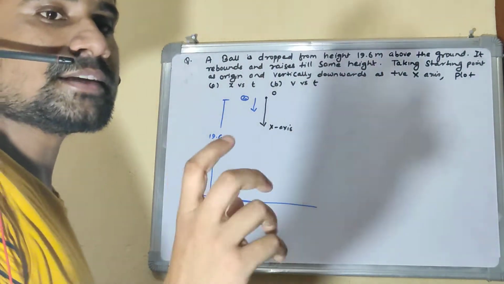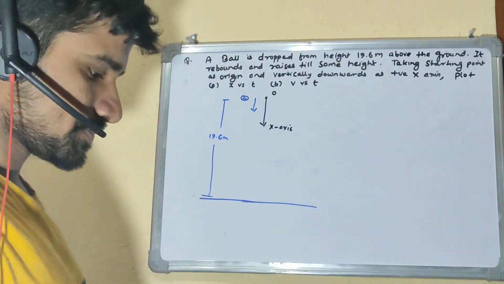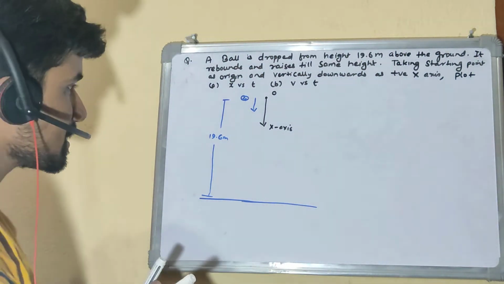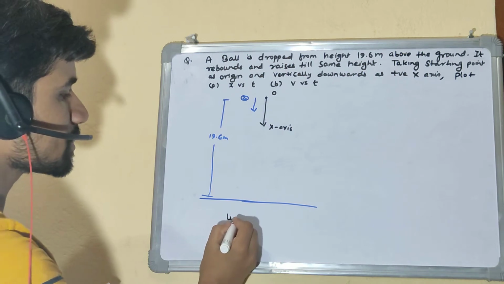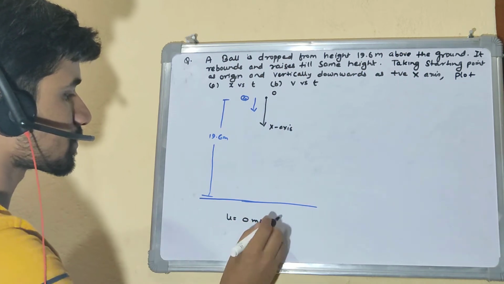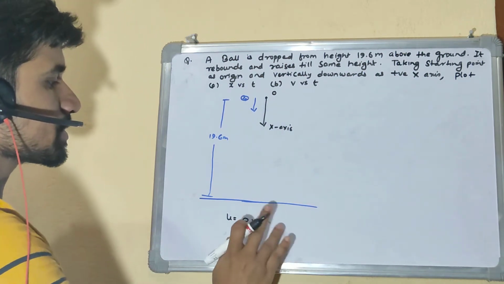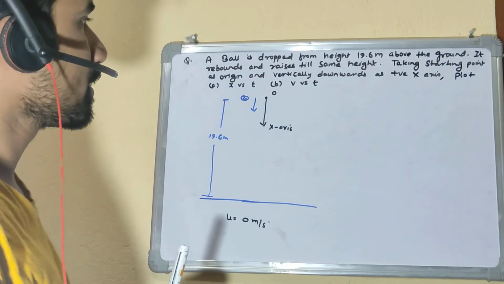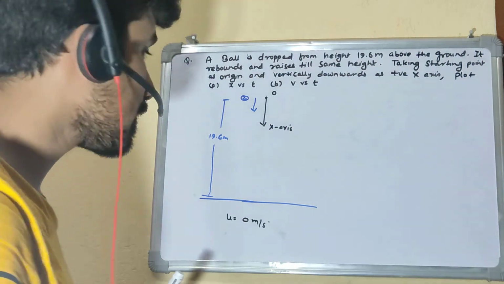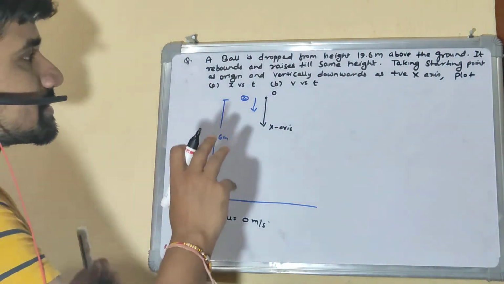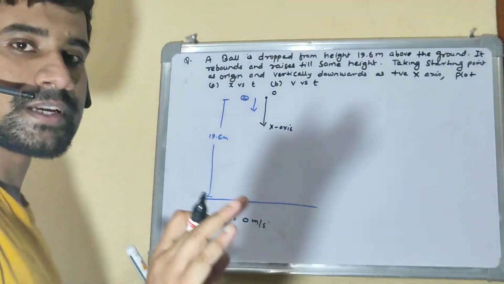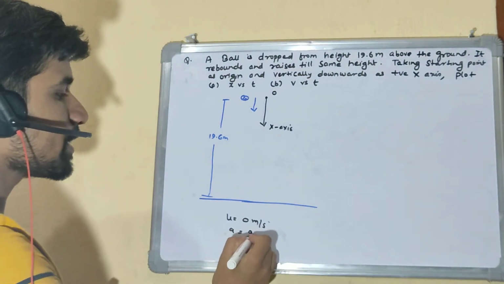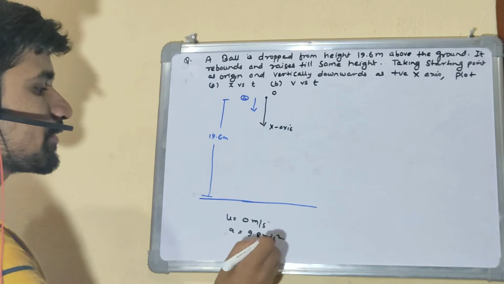If I need to find the time it will take to reach the ground, initially u is 0 meter per second. It is starting from rest, since it is dropped from some height. Acceleration is 9.8 meter per second square, due to gravity.